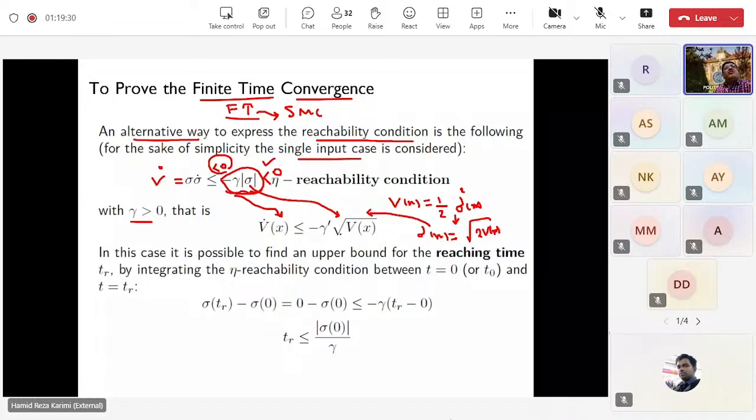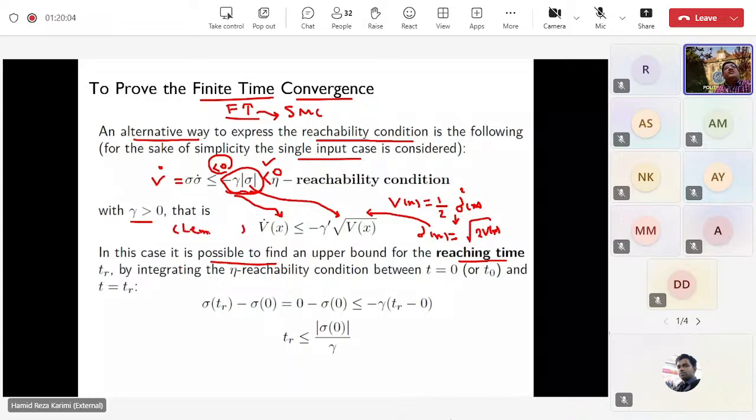If you look at the differential equation and the solution for this, it is possible to find the upper bound for the reaching time, TR, by integrating the gamma reachability condition between time zero and TR. Usually there is some lemma, but it can be proved.